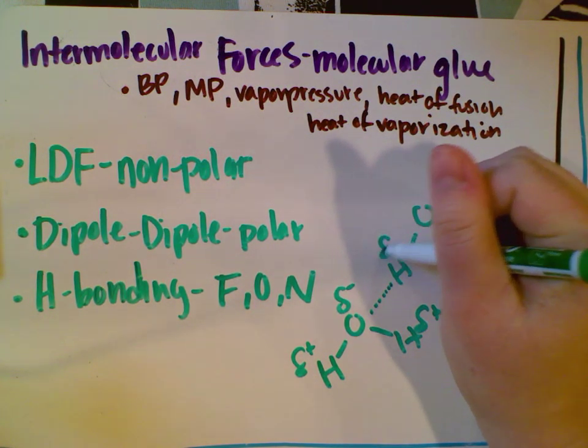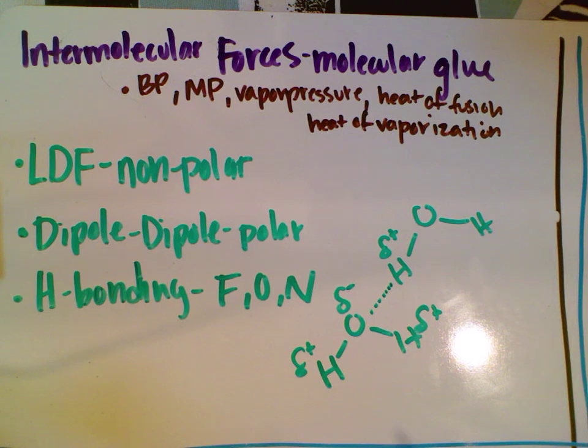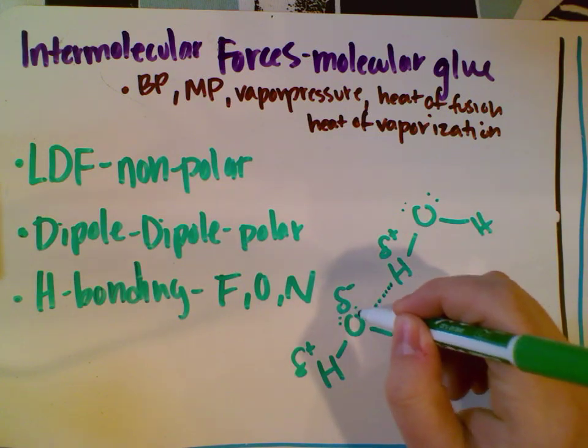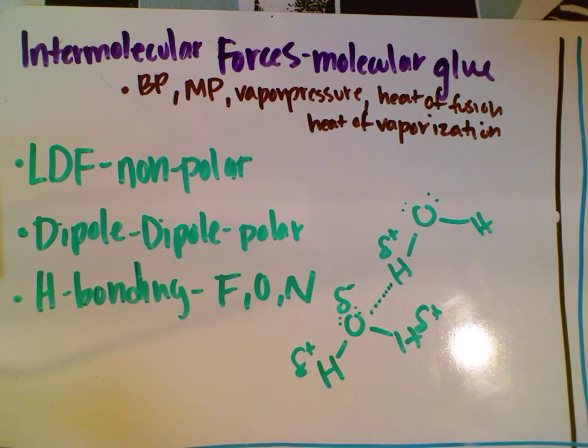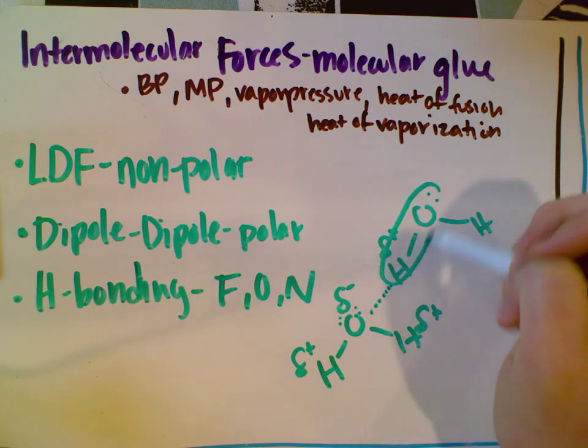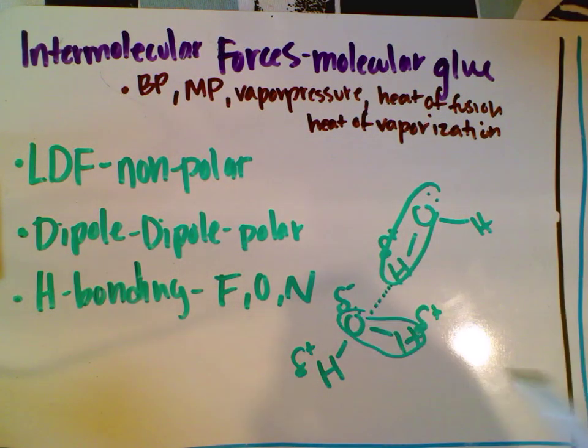Remember, opposites attract. In the case of water, water would automatically have London dispersion forces because it is something that you could draw. It has covalent bonds in it. Because it's a polar molecule, it is also going to have dipole to dipole. And here, right here, this O to H and this O to H make it possible to hydrogen bond, but it is not the hydrogen bond, okay?